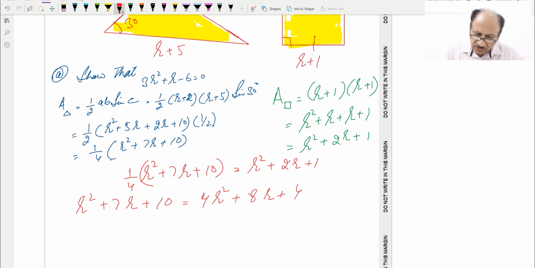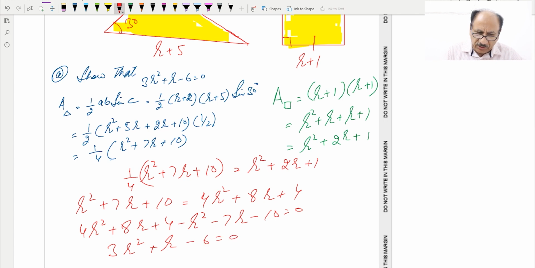We can send everything to the right side, so 4r square plus 8r plus 4 minus r square minus 7r minus 10 is equal to 0. And r square we can simplify, this will be 3r square, and 8r minus 7r, so plus r, and this will be minus 6 is equal to 0. And this was the required proof which we have done.